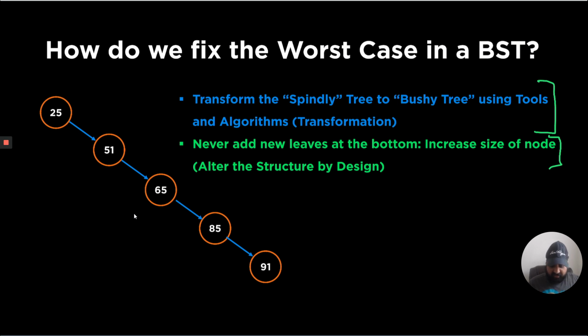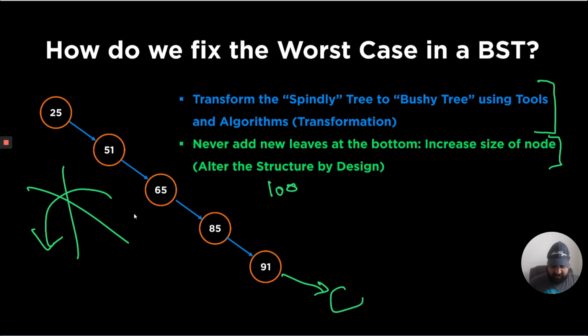So here, instead of rotating our data structure, what we basically do is alter the structure by design. Let's say if I try to insert the number 100 in this tree, instead of adding a new node on the right of 91, we increase the size of the leaf node.